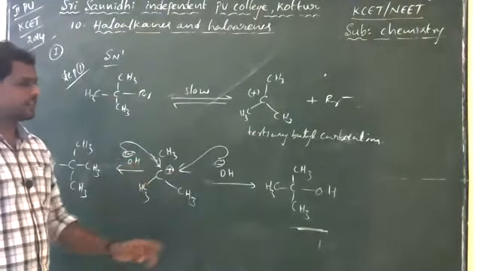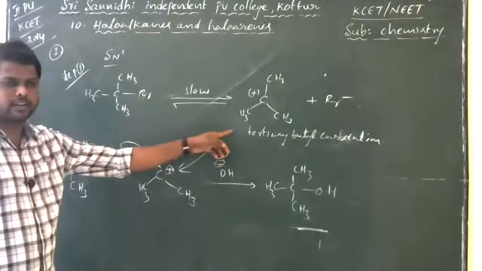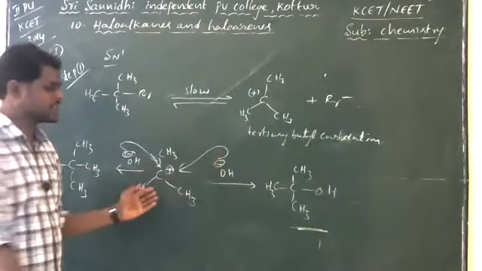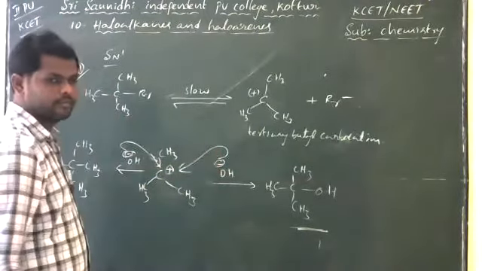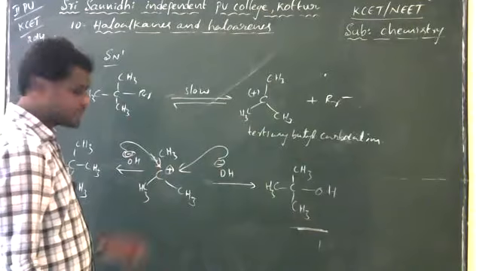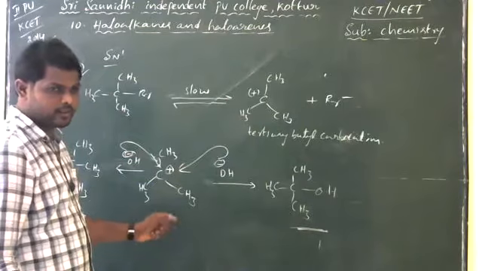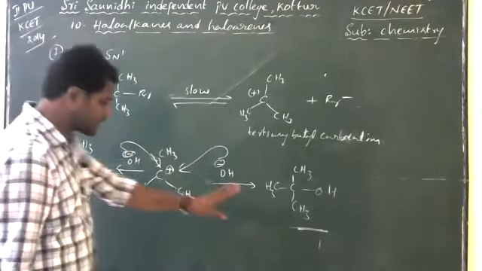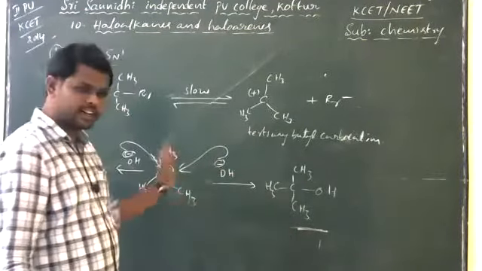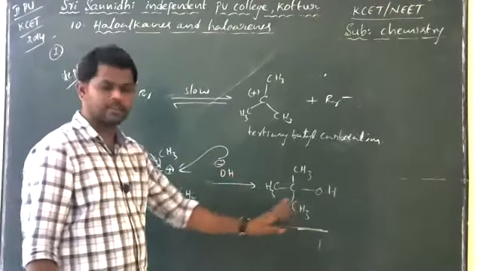That means for this tertiary carbocation, the OH minus nucleophile can attach to either side, because the carbocation has a trigonal planar geometry. So the product is the same whether the nucleophile attacks from the left or right side.